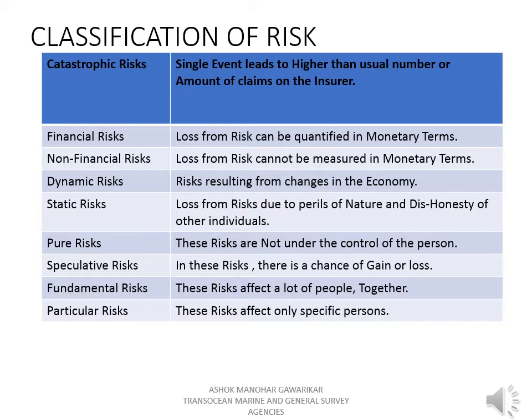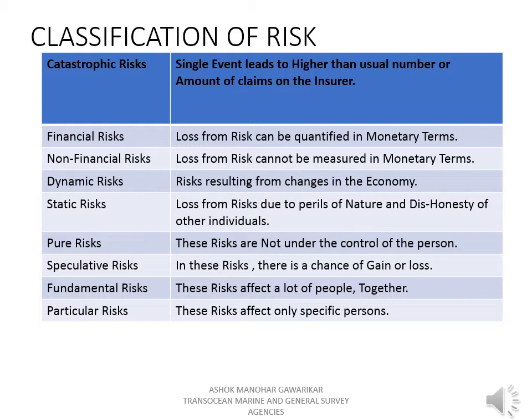There was a cloudburst, heavy rains and flooding. There was the cyclone Tauktae, and in the nearby shore area there were heavy losses. So one single event, a natural force leading to losses, is a catastrophic risk.